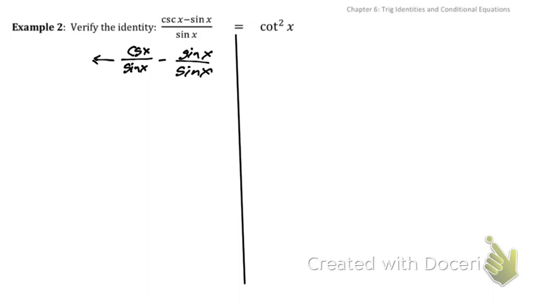Here's kind of something we need to start recognizing. That cosecant x over sine x. Cosecant x over sine x is 1 over sine x divided by sine x. So that is 1 over sine over sine.